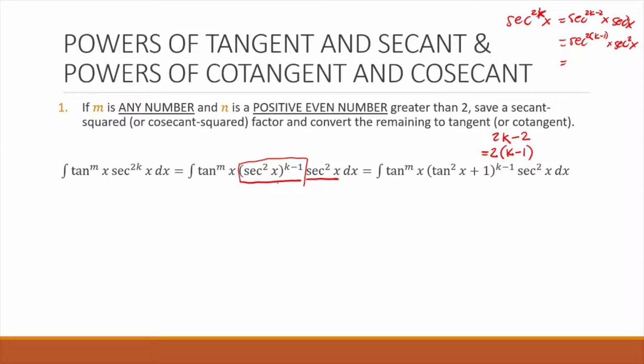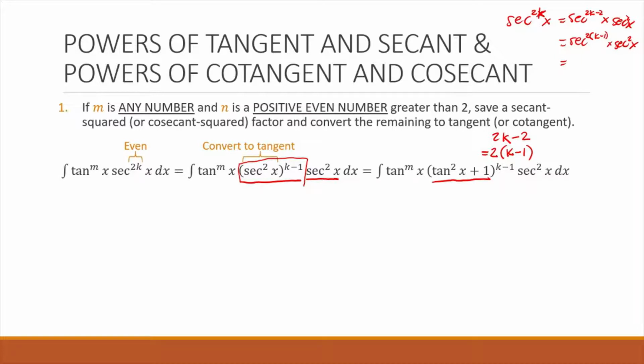Okay? And then from here, so again, this 2k is even. And then this secant squared, we convert this to tangent using the Pythagorean identity. So from secant squared x, naging tangent squared x plus 1, from the Pythagorean identity.